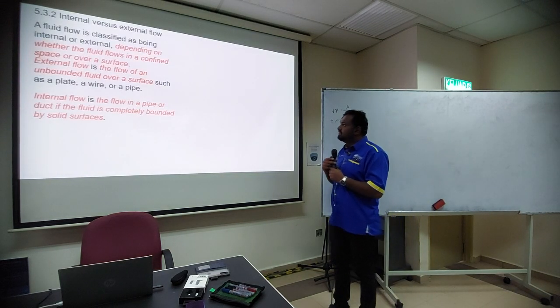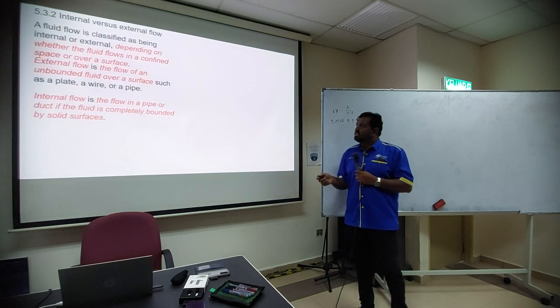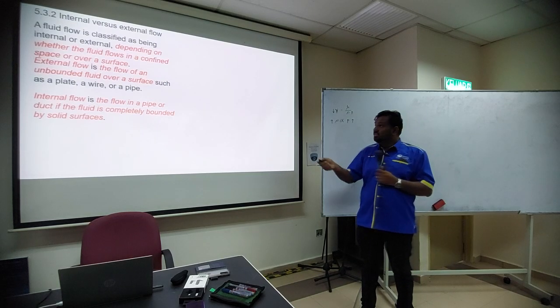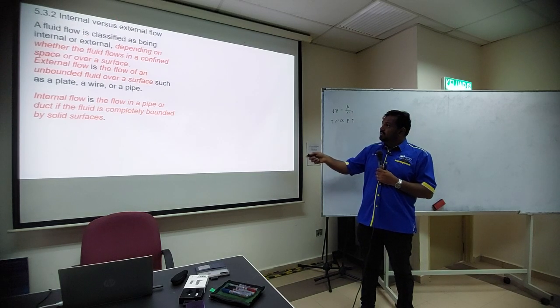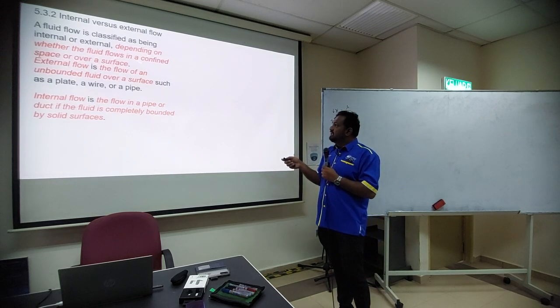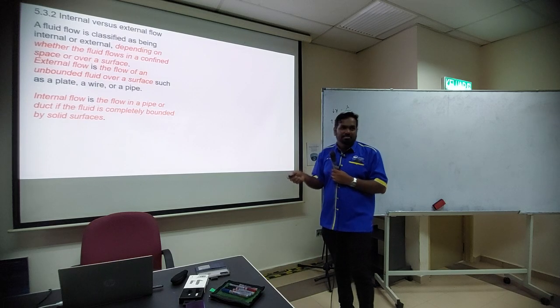Okay, so internal versus external flow. I think from the name you know, internal flow and external flow. A fluid flow is classified as internal or external depending on whether the fluid flows in a confined space or over a surface. External flow is the flow of an unbounded fluid over a surface such as a plate, wire or pipe.